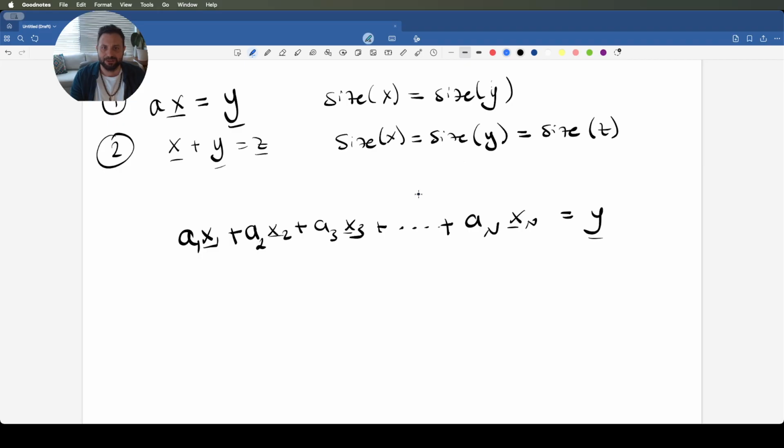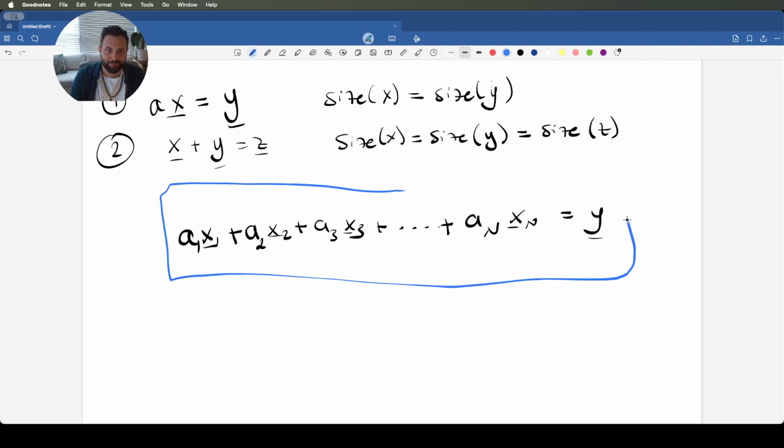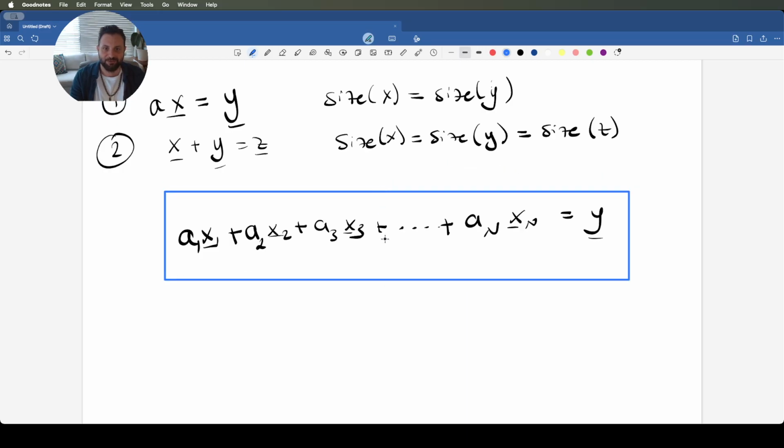And this operation, my dear friends, this thing that I described here, is defined as a linear combination of x1, x2, x3, and so on up to x of n.